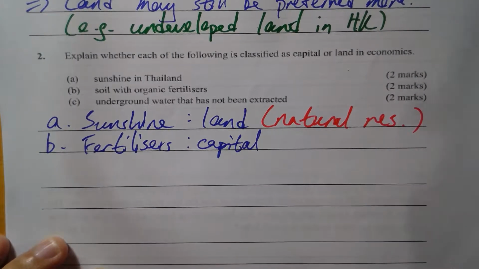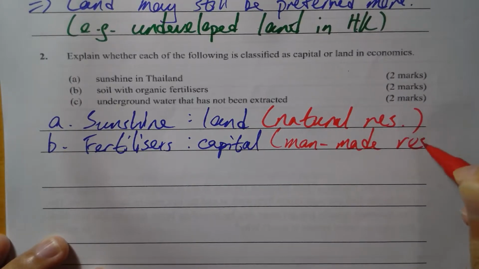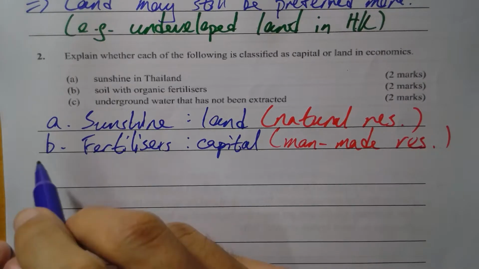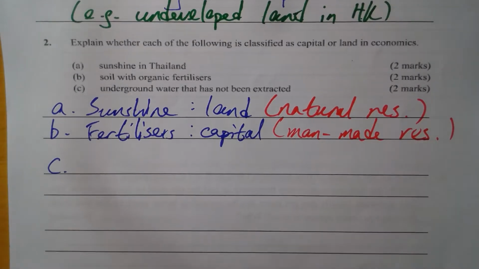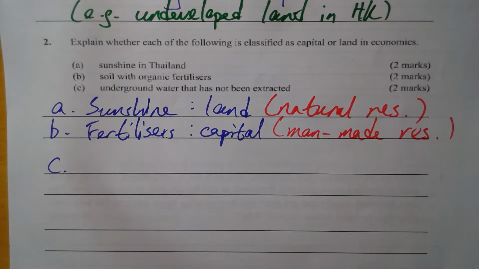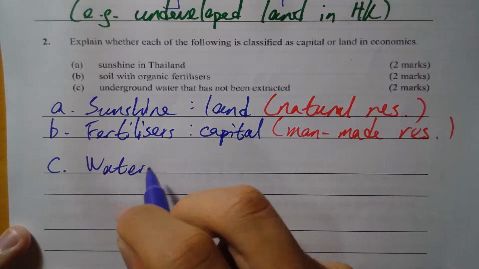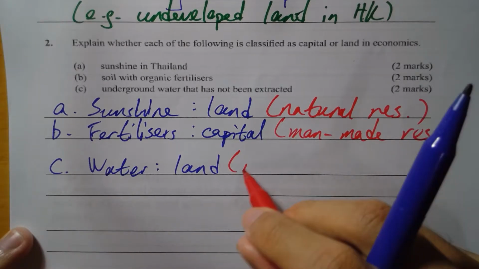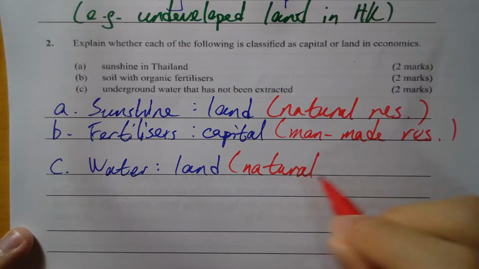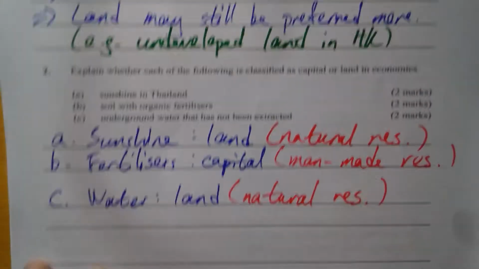The explanation is simple because it is a man-made resource. C, underground water that has not been extracted. Water not yet extracted, naturally existing. So this water would be land because it is a natural resource. All right, so let's move on.